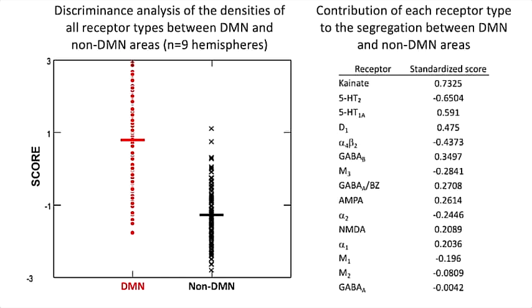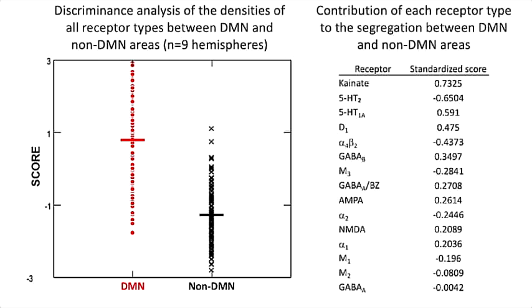The question is quite clear: yes, the default mode system has many more receptors, and therefore probably many more synapses, than all the other cortical regions.